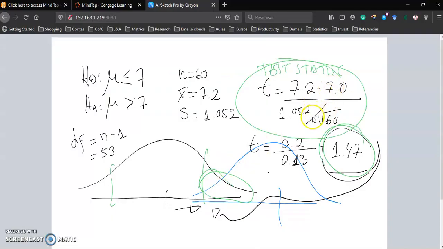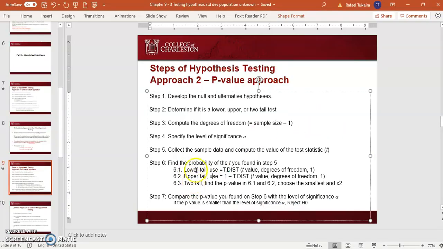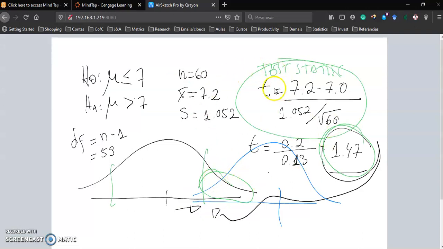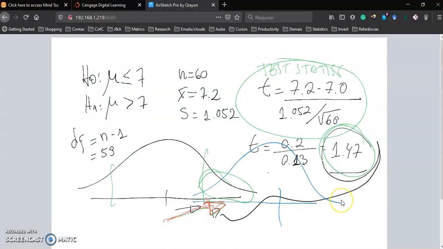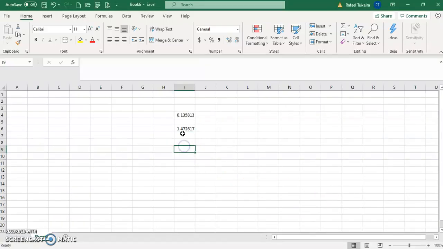So the first question is, which tail are we talking about in this problem? Remember, because the alternative hypothesis says that it has to be higher, it has to be upper tail. It's higher. Okay, so if it is upper tail, I'm gonna use this formula here. Let me show you how to use this formula in Excel. So this is the test statistic.